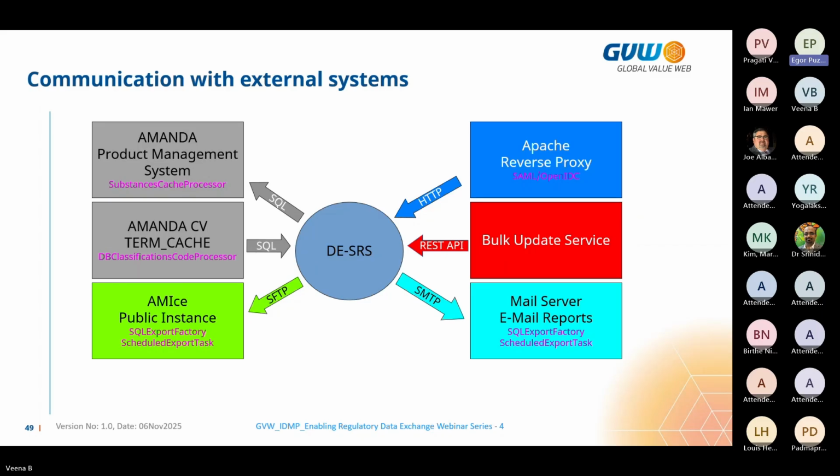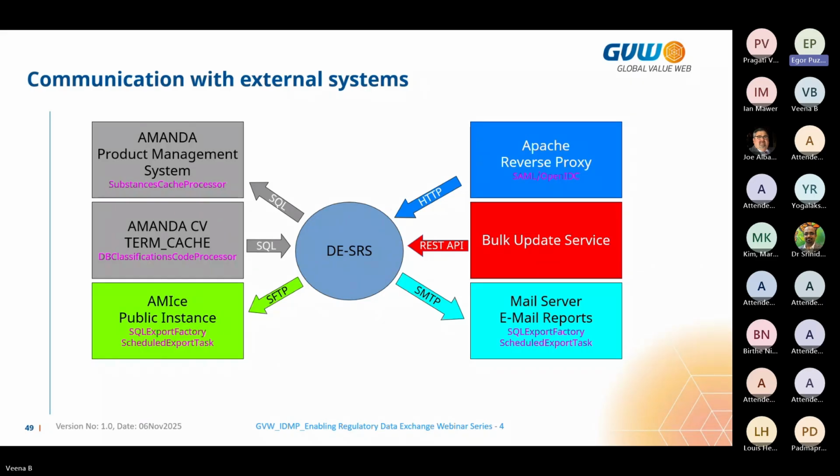Then we have to export our public information to public instances, the Amici public instance. For this export, we're using two extensions: the SQL export factory and the scheduled export task. The SQL export factory creates a report, and then with the scheduled export task, this report will be sent to different destinations.